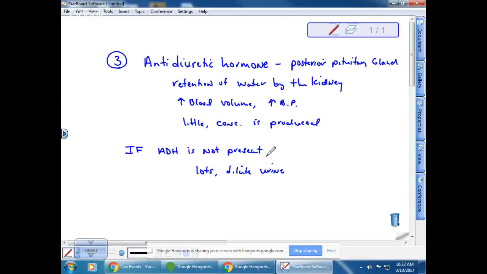And if you cannot regulate your ADH levels, then you actually have a type of, they call it diabetes, but it has nothing to do with glucose. So it's a type of diabetes called diabetes insipidus. Insipidus, okay? It's not related to diabetes mellitus.